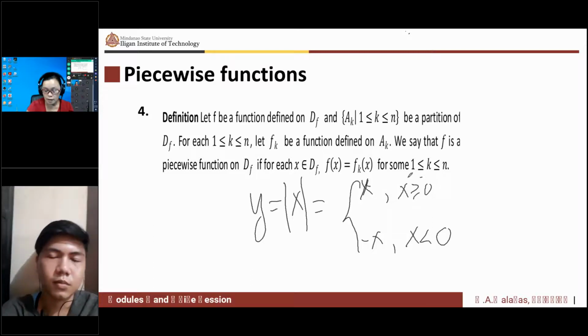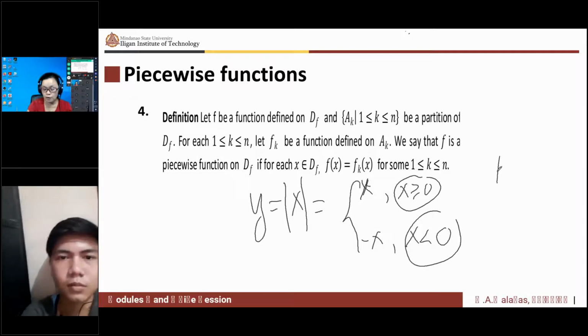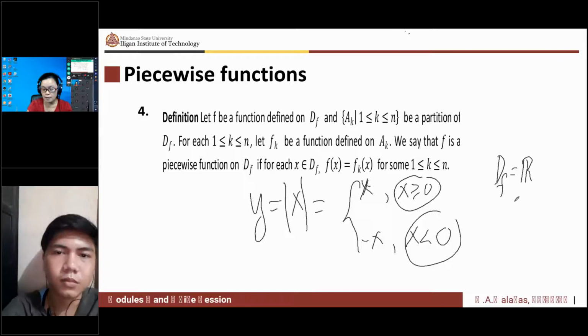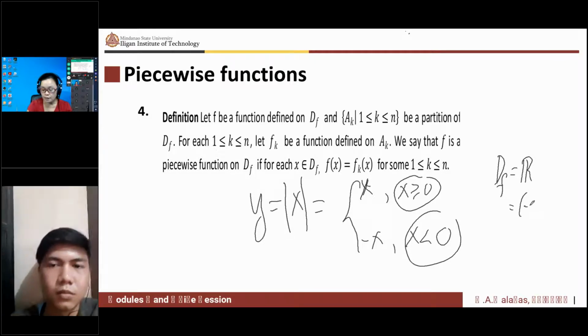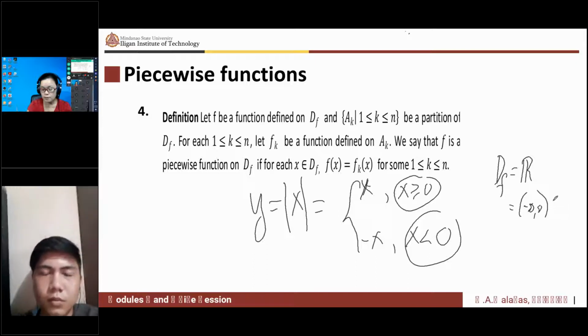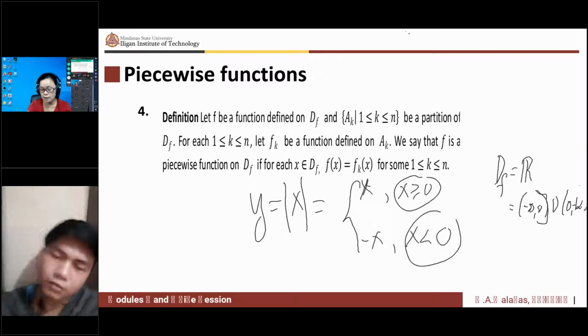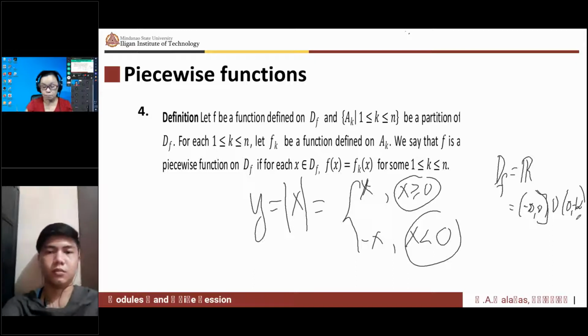So this one here is a partition of the domain. Our domain actually here is R, and it is partitioned as negative infinity to 0, union 0 to positive infinity. So that's a piecewise function.